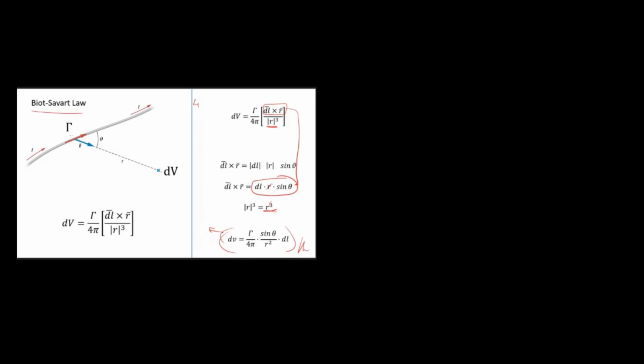This is the equation we got from the Biot-Savart law. From this we are going to proceed with the first case, the finite length vortex filament. Both ends are finite; it does not extend to infinity. I take one small length dl on this vortex filament, which induces the velocity dv at some arbitrary point.